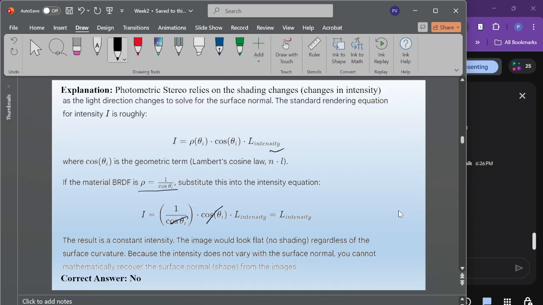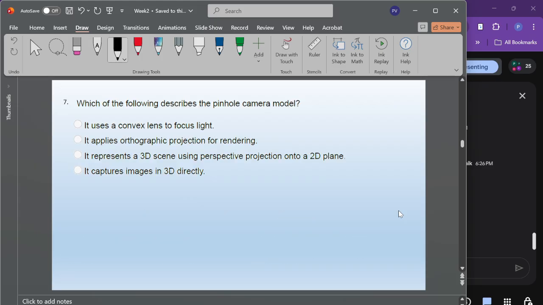Okay, so now moving to our next question. Which of the following describes the pinhole camera model? Option A, it uses a convex lens to focus light.